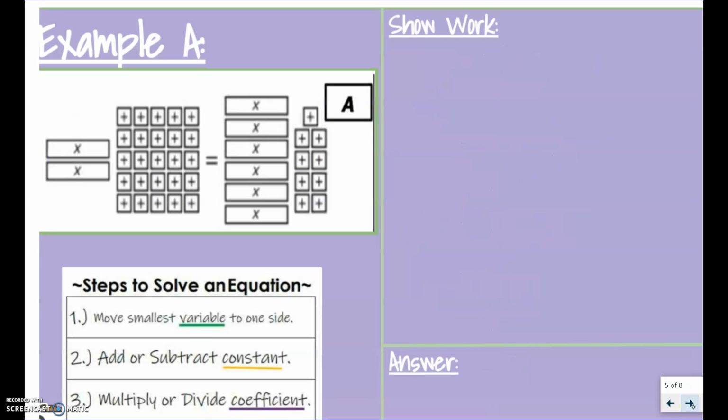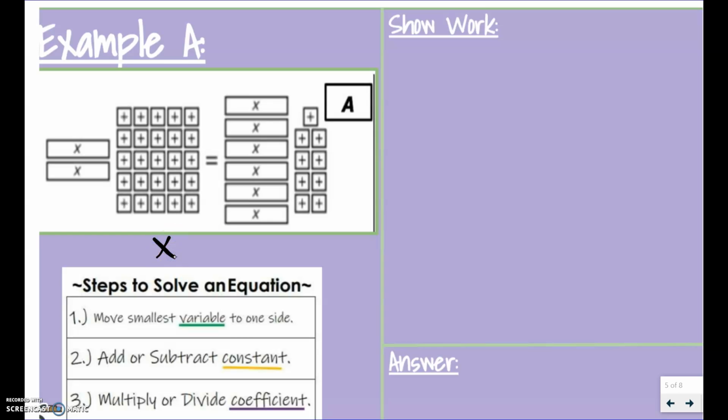All right. So now we're going to go into modeling and solving equations. So as you can see here, I have a model or a representation of an equation. You see these boxes and squares. This is a representation of our equation. So I know my variable is x, so I'm just going to write that so I know that's what I'm looking for.